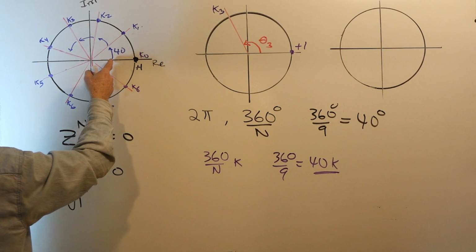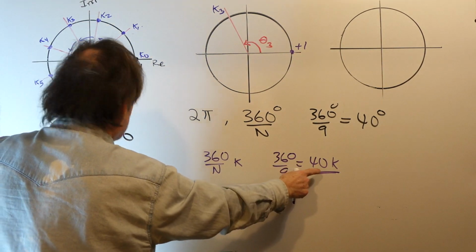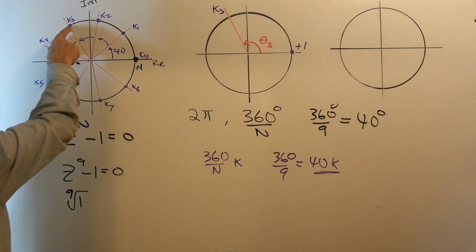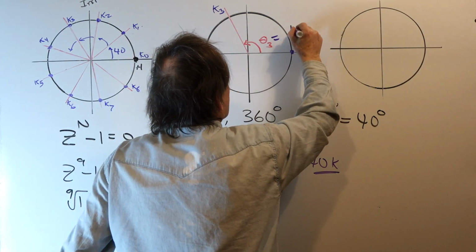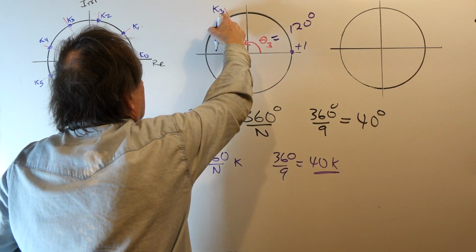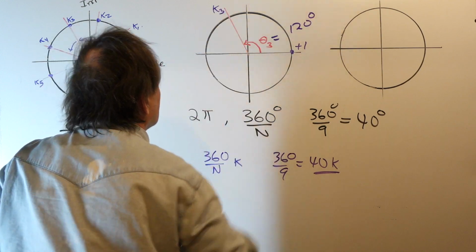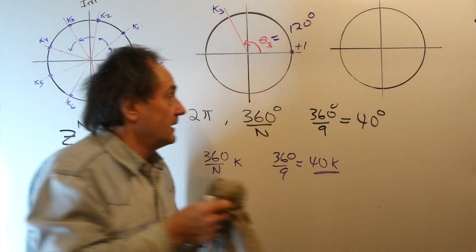K is equal to 2, we're at 40 plus 40, or 80 degrees. When k equals 3, we're at 120 degrees. So this angle is 120 degrees. This is for the k third root. Now, let's get the value.